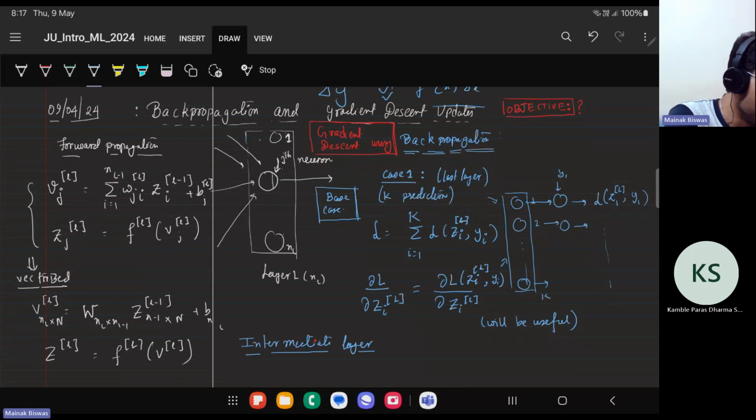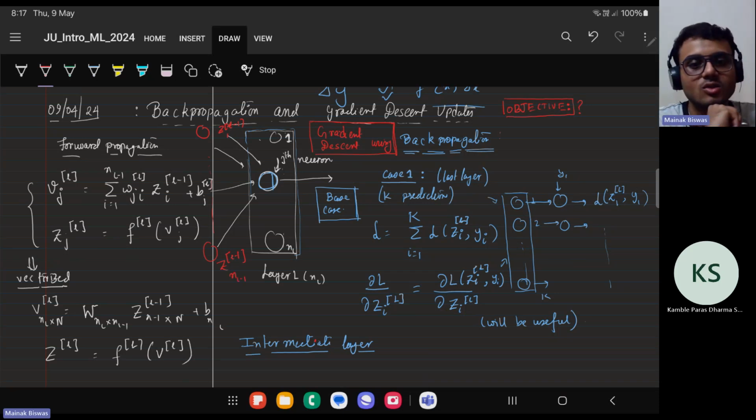If you have a layer in a multi-layer perceptron, the output of the jth neuron is given by all the inputs from the previous layer. So you have z_{L-1,1} all the way to z_{L-1,N_{L-1}}.